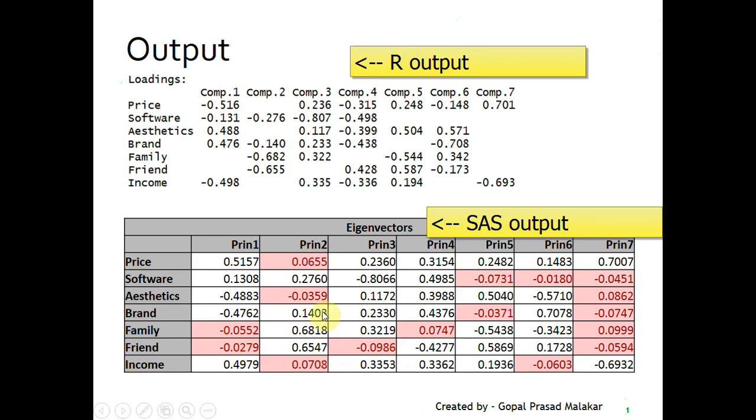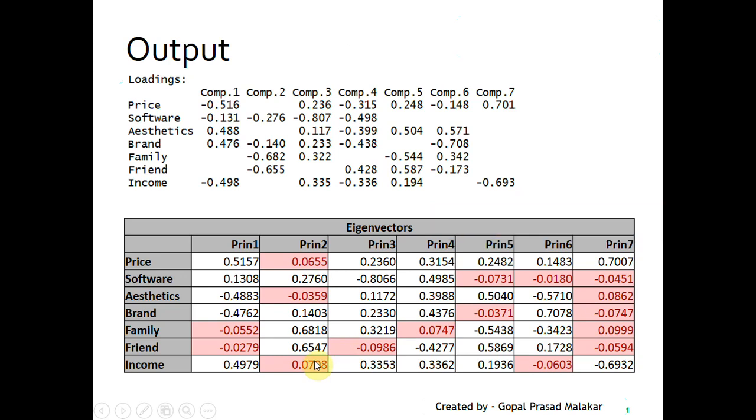It is showing 0.14, 0.11, but less than 0.1 it has not shown. Even 0.0986 it is not showing here. Rest everything it has shown the way it should show, like 516, 313, 488.